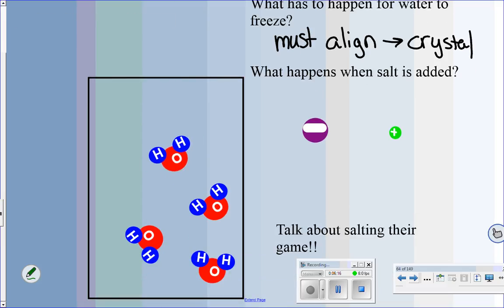In order for them to freeze, a connection has to form right there. As that connection is trying to form, imagine what would happen if one of these guys gets in the middle. That's going to block that connection, and that is going to prevent crystal formation.